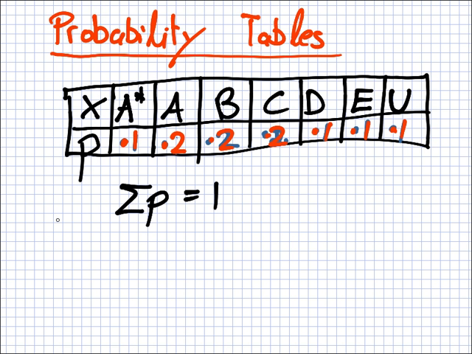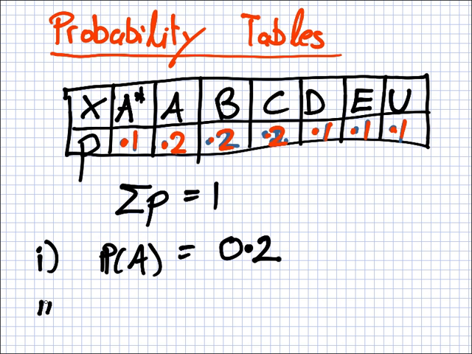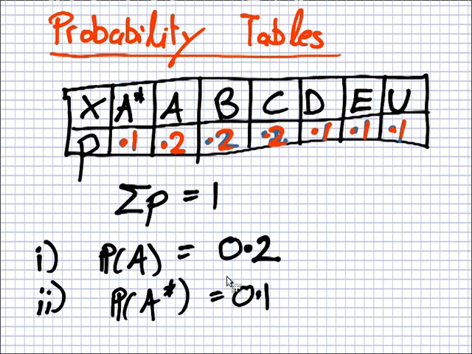So you can easily answer questions like, what's the probability the student will get an A? So what would that be? 20%. Yeah? Is this okay? You seem a little bit confused. What is the probability the student will get an A star? 10%, yeah.